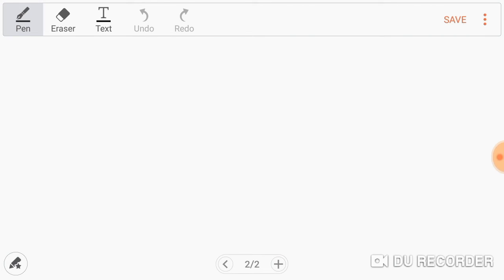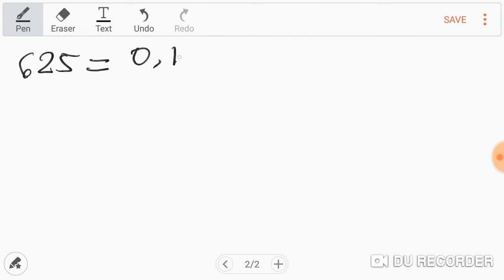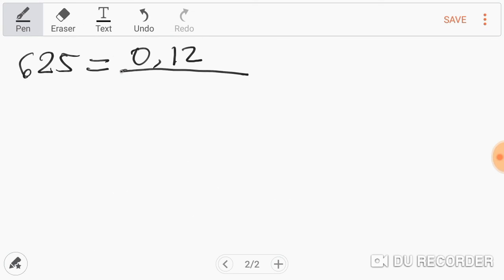Let's open another page here. So we had 625, which is equal to 0.12 over 0.030 multiplied by the concentration of H2 cubed.